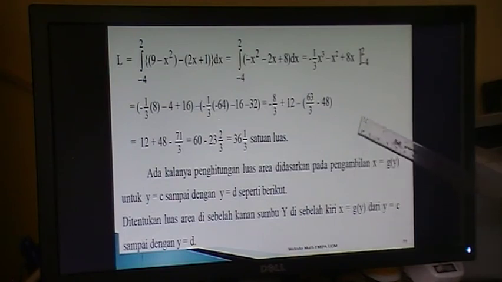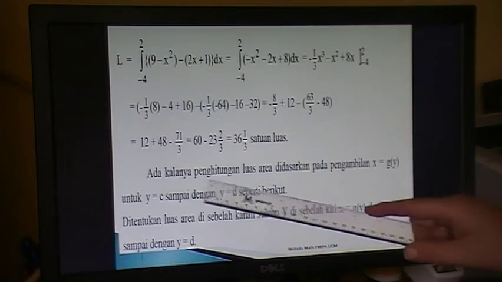Okay. So these five examples are actually examples of the area formula in Cartesian coordinates, and we take the integral with respect to x. That means the function is explicitly y equal to f(x).